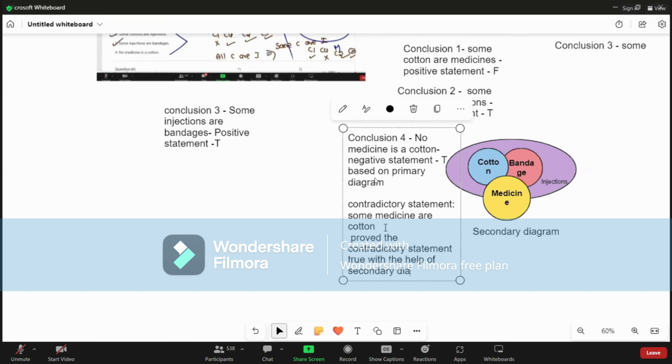So if we have proved that the contradictory statement is true, then no medicine is a cotton should be false, right? So till now, is it clear to everyone?